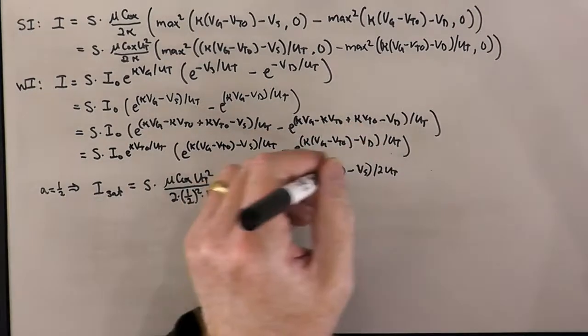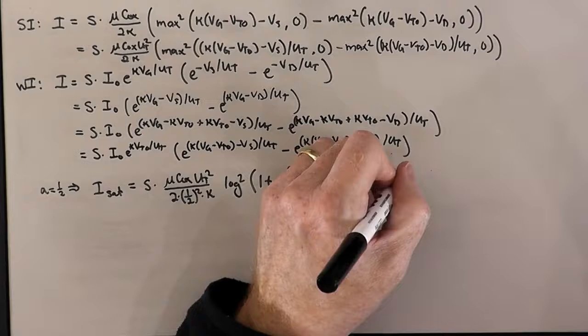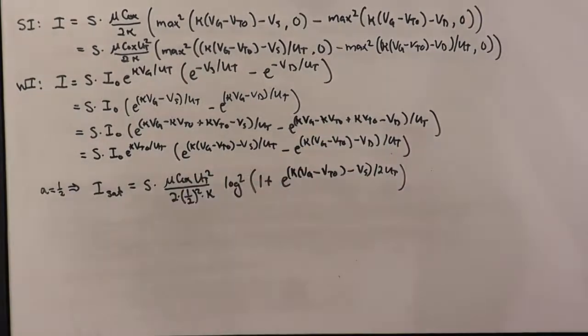So the a upstairs here becomes a 1/2, and that makes a 2Ut downstairs.